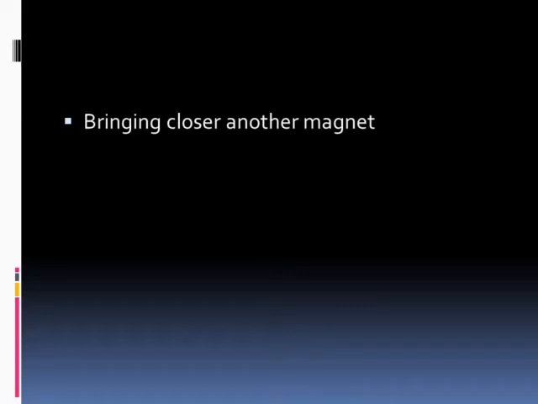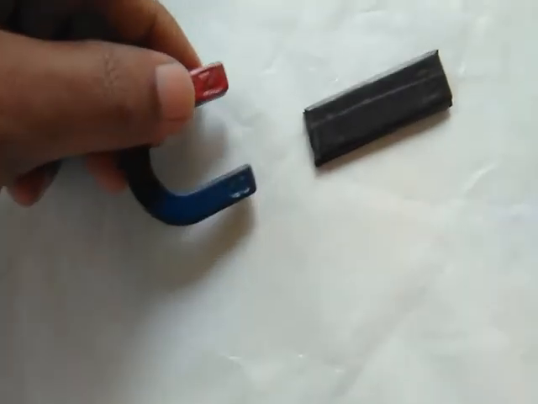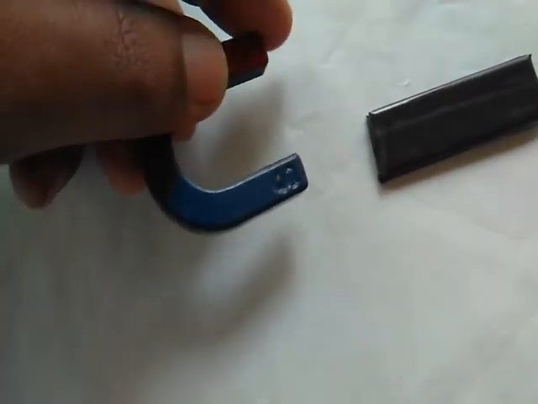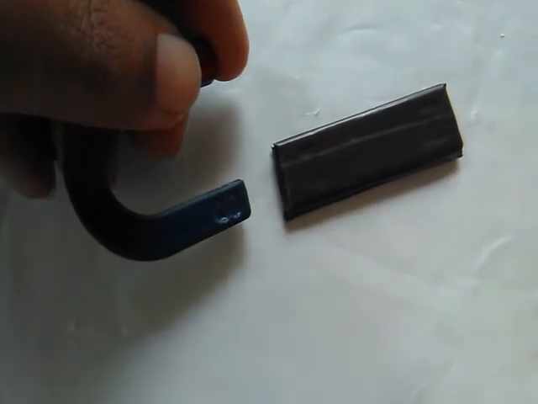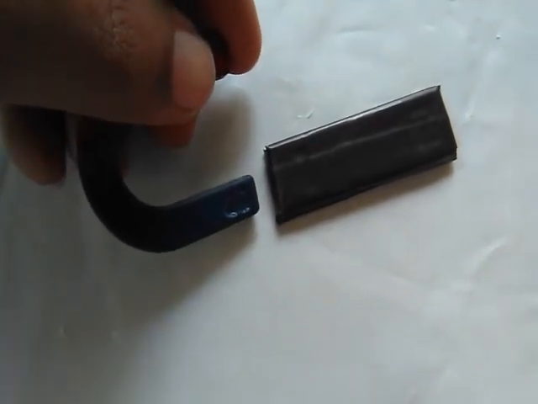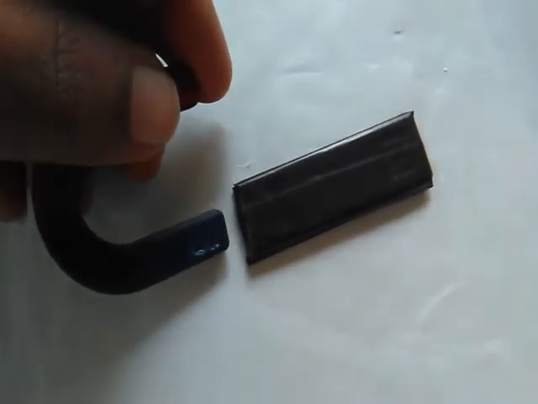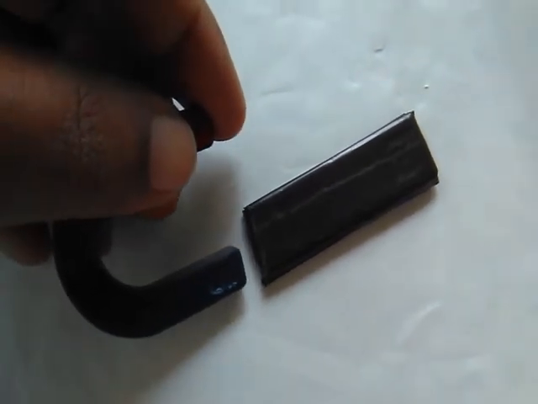Bring in closer another magnet. When I bring the south pole of this U-shaped magnet towards this unmarked magnet, what can you observe? They repel.